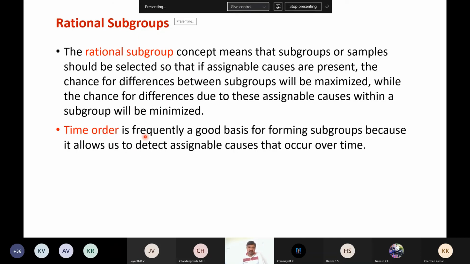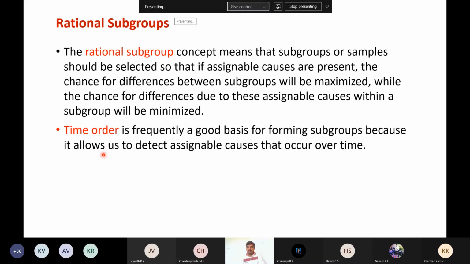Time order is frequently a good basis for forming subgroups because it allows us to detect assignable causes that occur over time. So this is one strategy adopted to form subgroups where you are grouping products. Suppose it is an 8-hour shift.